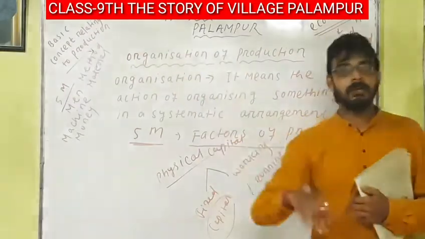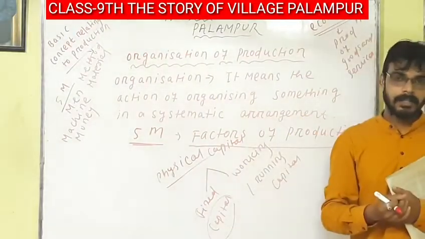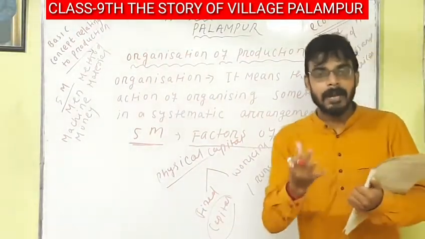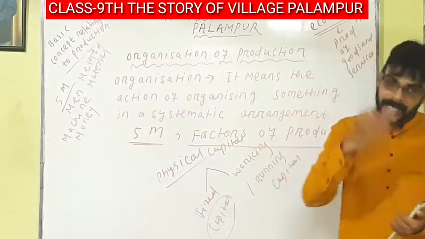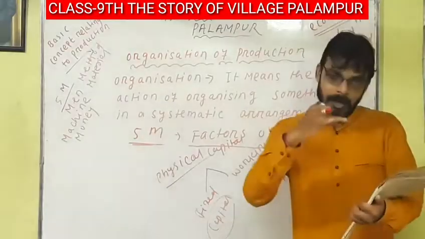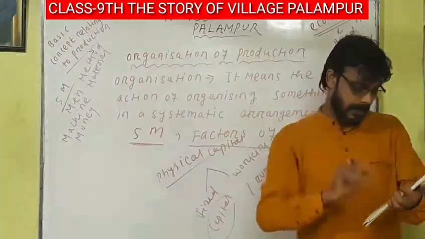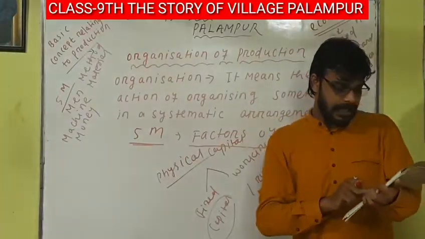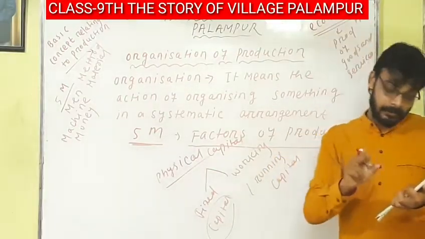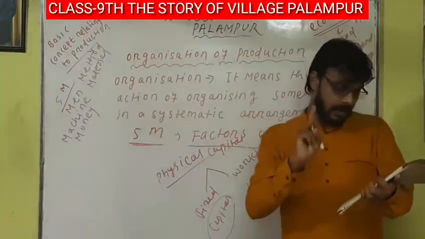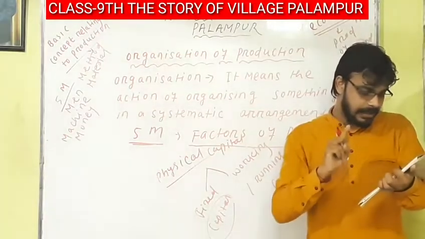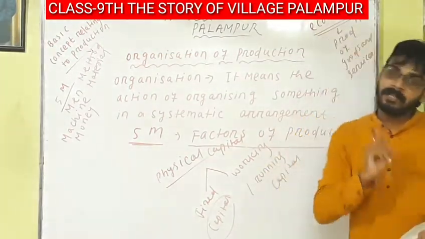When the creditor comes to him for the money, he has kept some amount in hand, and he will have to pay this money to the creditor from his cash in hand, not cash at bank. Raw material and money in hand are called working capital. Unlike tools, machines and buildings, which are used in production, these are fixed capital.